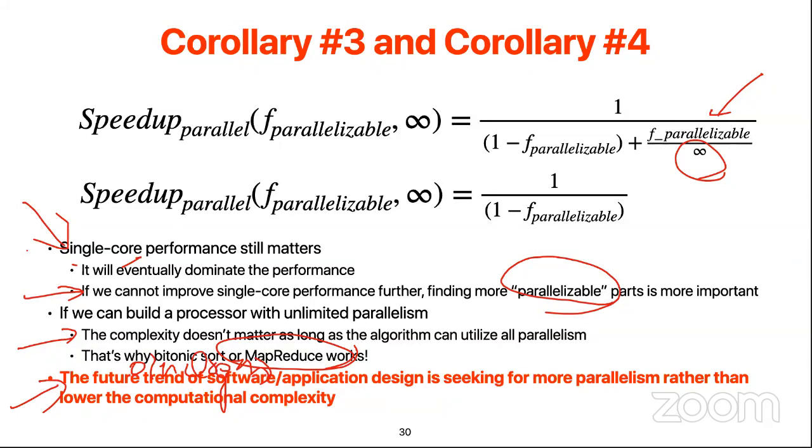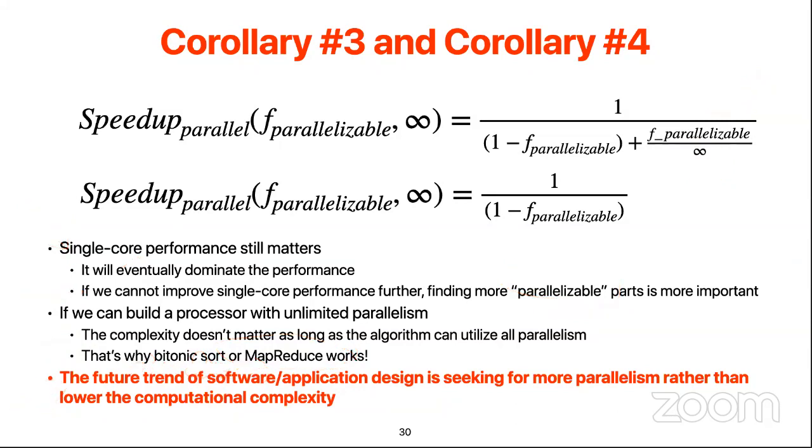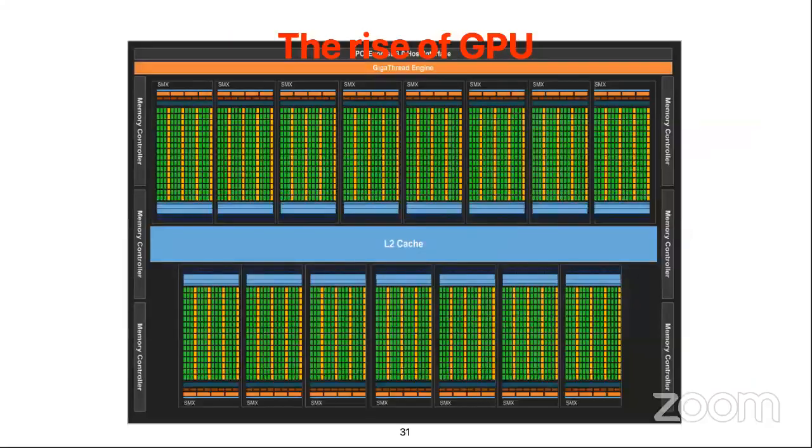So instead of designing your algorithm to lower the big O notation in the complexity, making your program more parallelizable is more important than the computational complexity. So this slide is basically telling you how useless your CSE100 and 101 is.